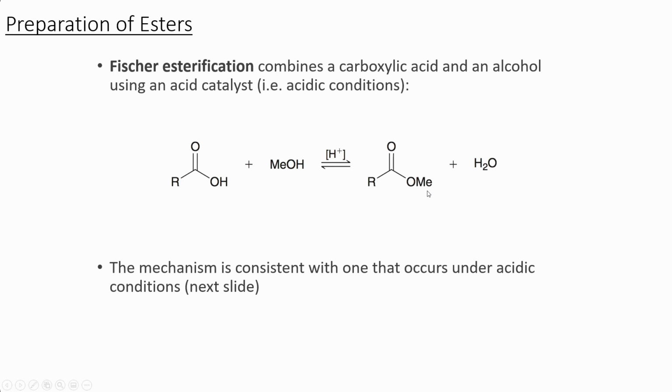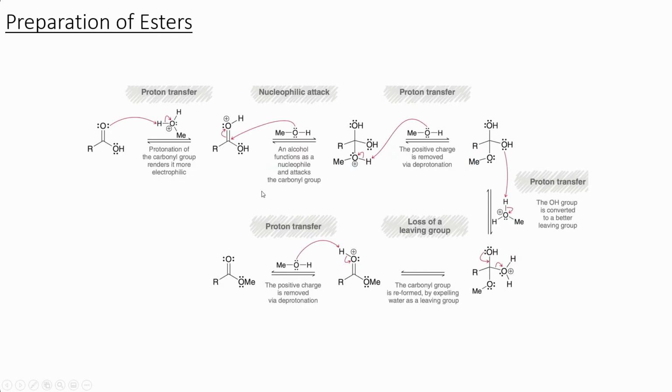We also have another reaction called the Fischer esterification, where in the presence of sulfuric acid, most commonly, and an alcohol, the carboxylic acid is in equilibrium with its ester analog. The mechanism of this reaction is consistent with the mechanism of nucleophilic attack under acidic conditions.